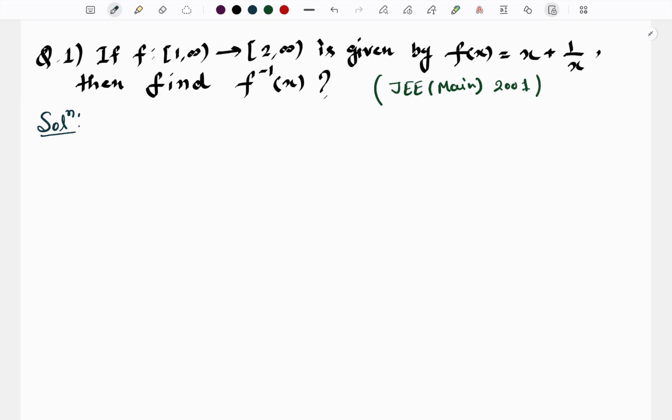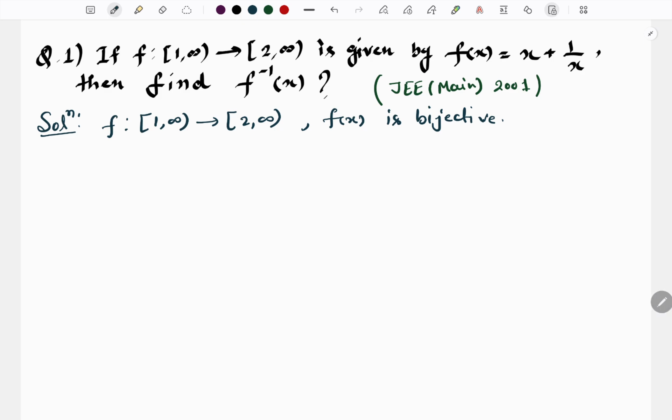Clearly, the function is defined from the interval 1 to infinity to 2 to infinity, and in this interval we can easily see that f(x) is bijective. Because they are asking about the f inverse, there is no need to prove whether it is bijective or not. So here we simply take the function to be bijective, and now we have to find the inverse.